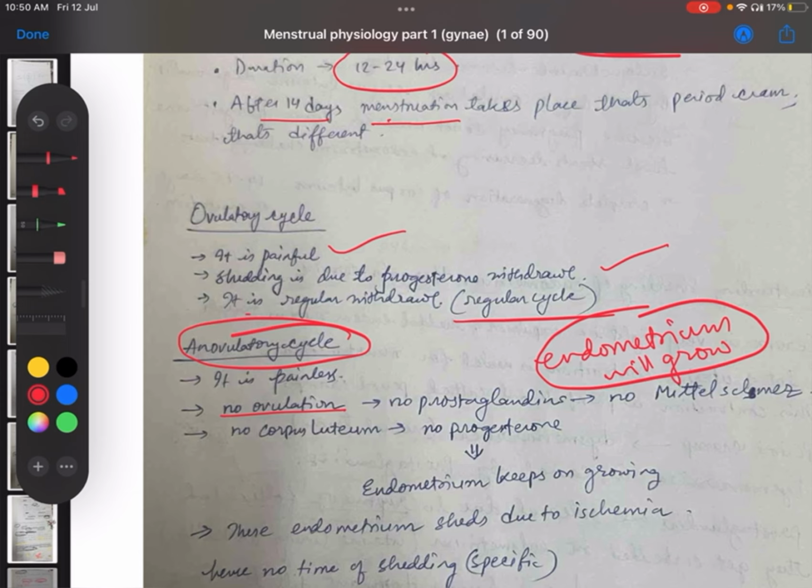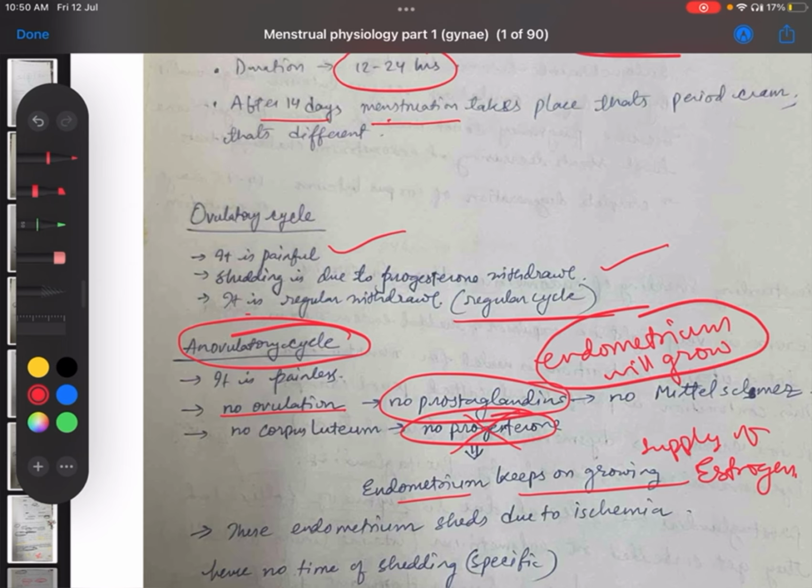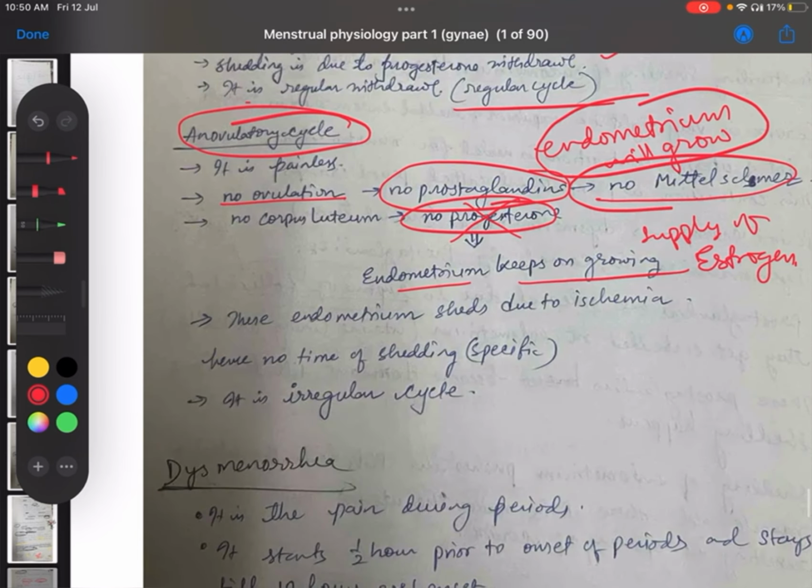But since no ovulation took place, that means no corpus luteum formed. As a result, no progesterone formed. As a result, the endometrium keeps on growing. Okay, this is due to the supply of estrogen. Also, since there is no ovulation, there is no rupture, there is no prostaglandin formation, there is no Mittelschmerz. But still, the endometrium keeps growing.